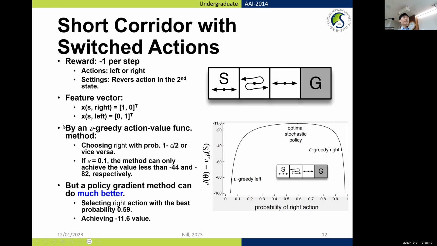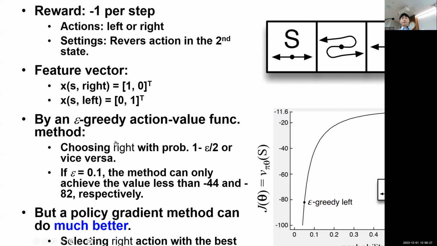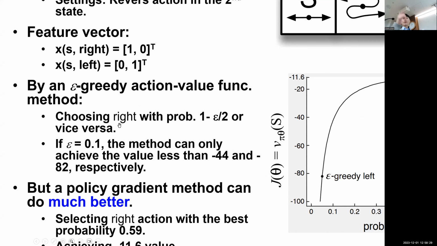If we use the approach we learned before, like the epsilon-greedy action value function method, we choose the greedy action with some probability, and choose the non-greedy action with another probability.